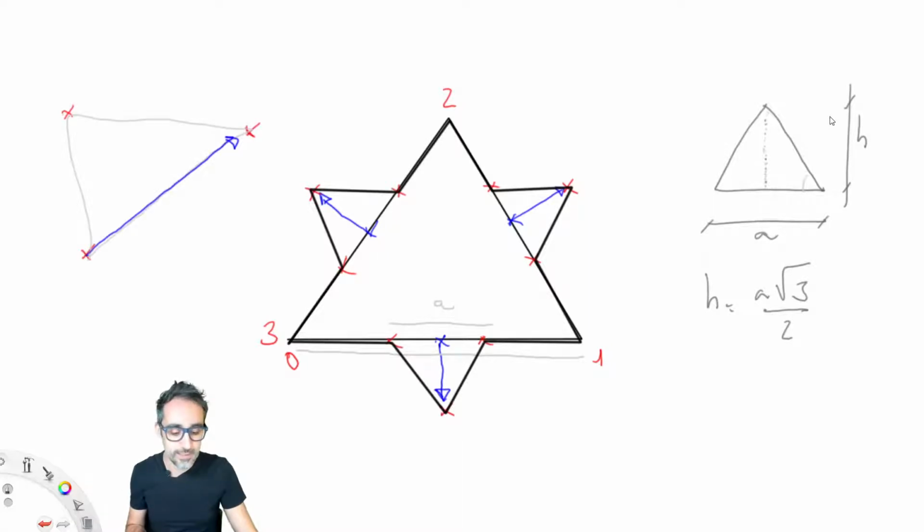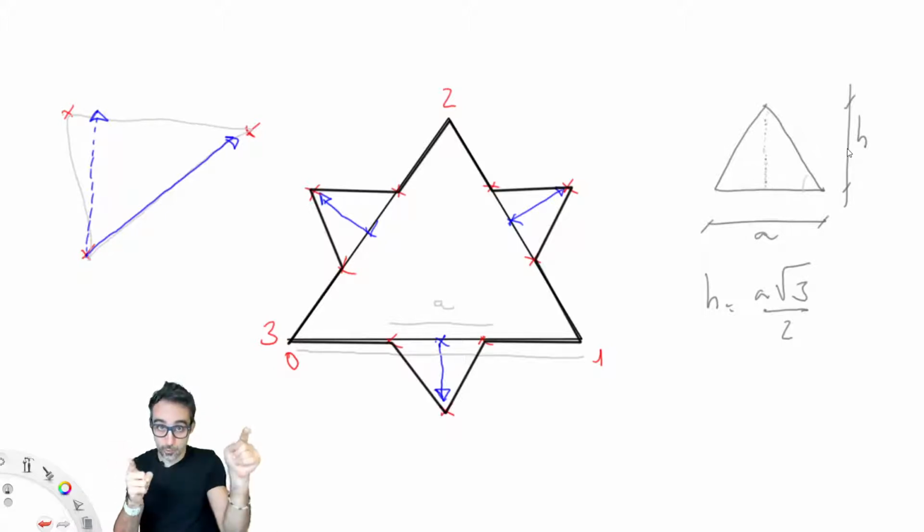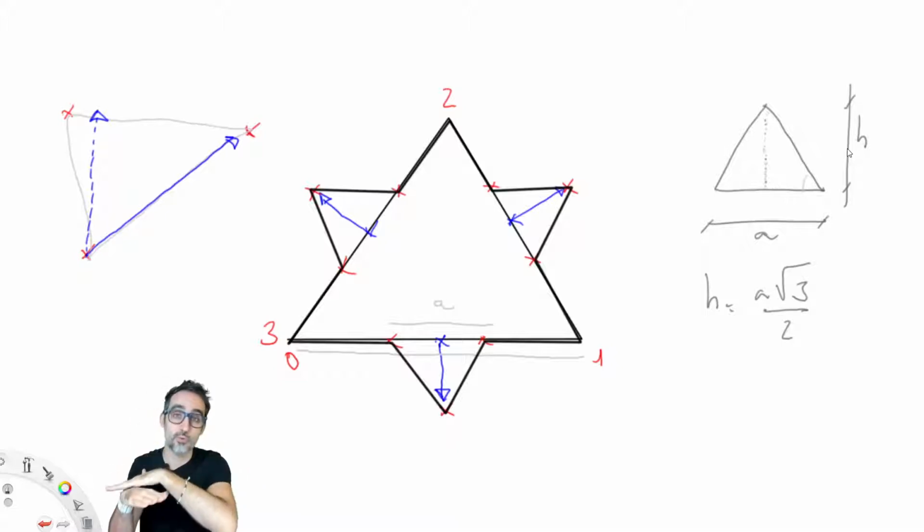Another reminder is that the way we're going to find these perpendicular vectors is by using the cross product of a vector that joins the 2 points of the segment we're working with and a vector that is perpendicular to the plane where the polyline lies.